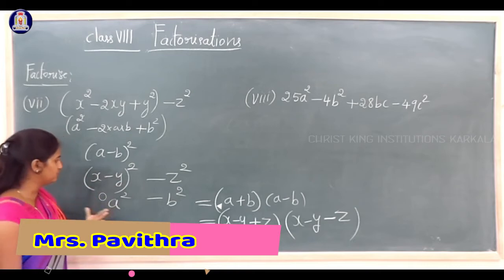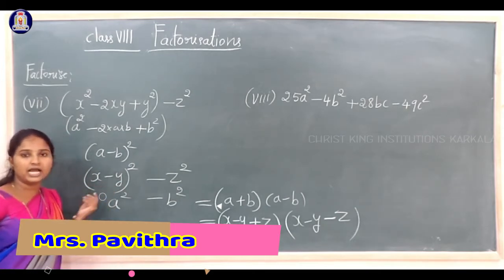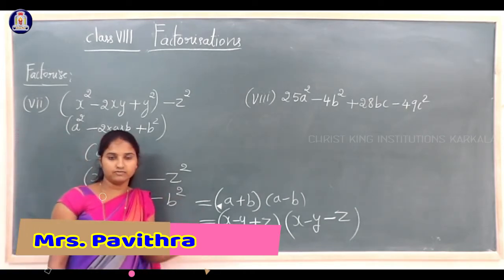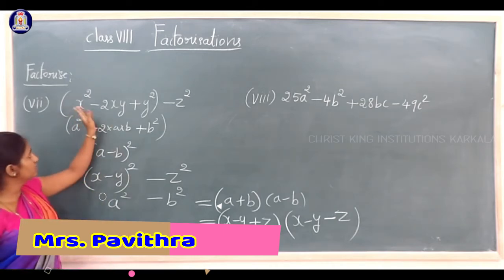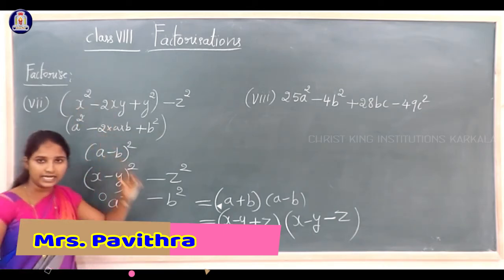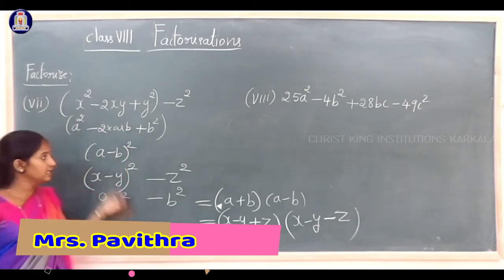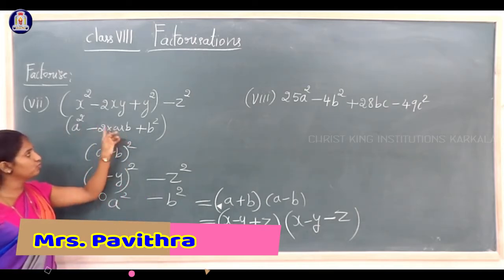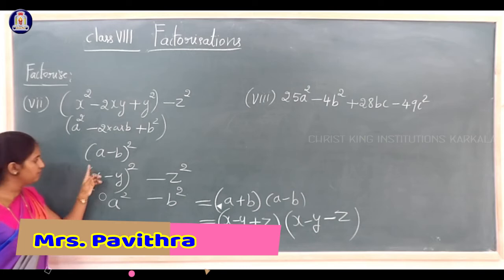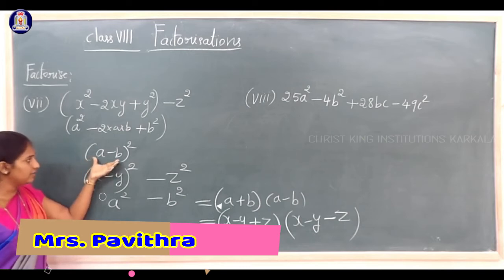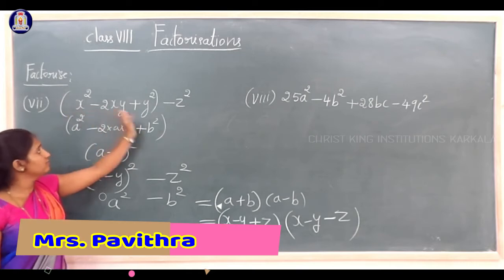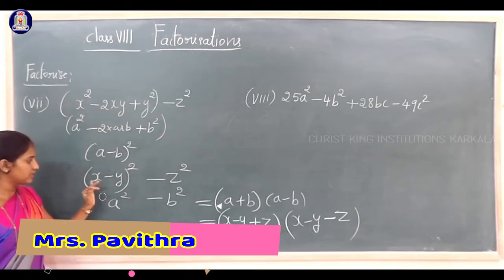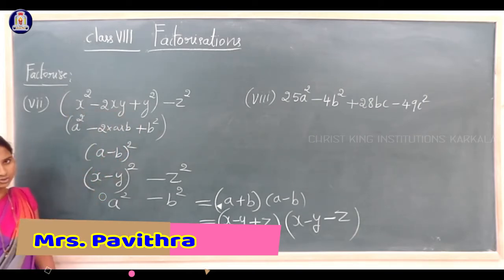So you have to observe whether we can use any identity to factorize the given algebraic expression. Yes. So here first I used the second identity, that is a square minus 2ab plus b square, that can be written as a minus b the whole square. So this full expression we can write in this form, that is x minus y the whole square.